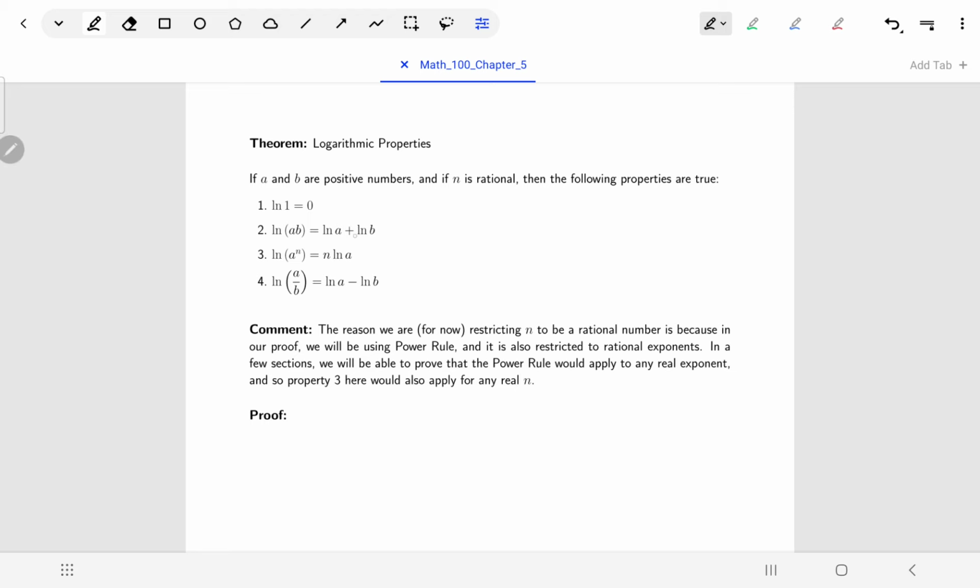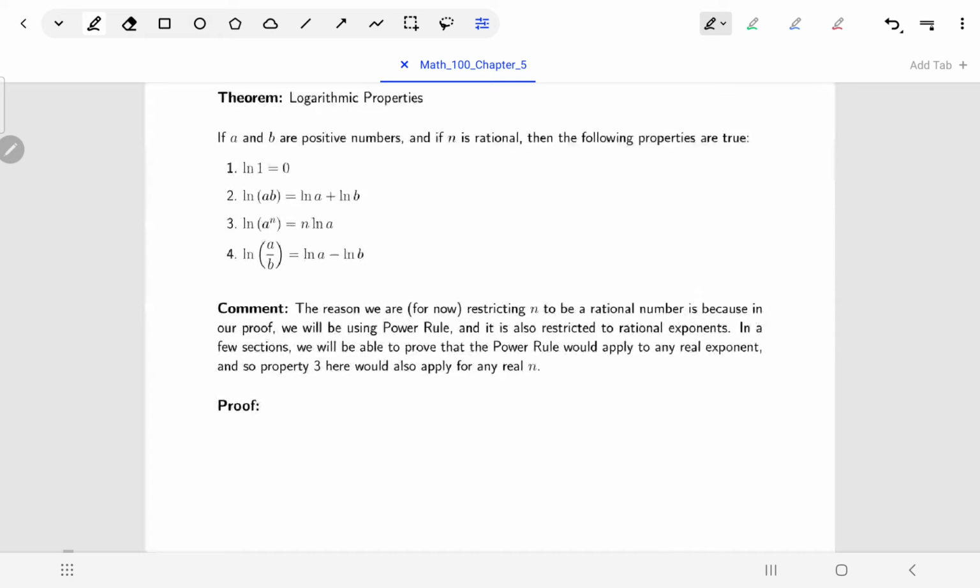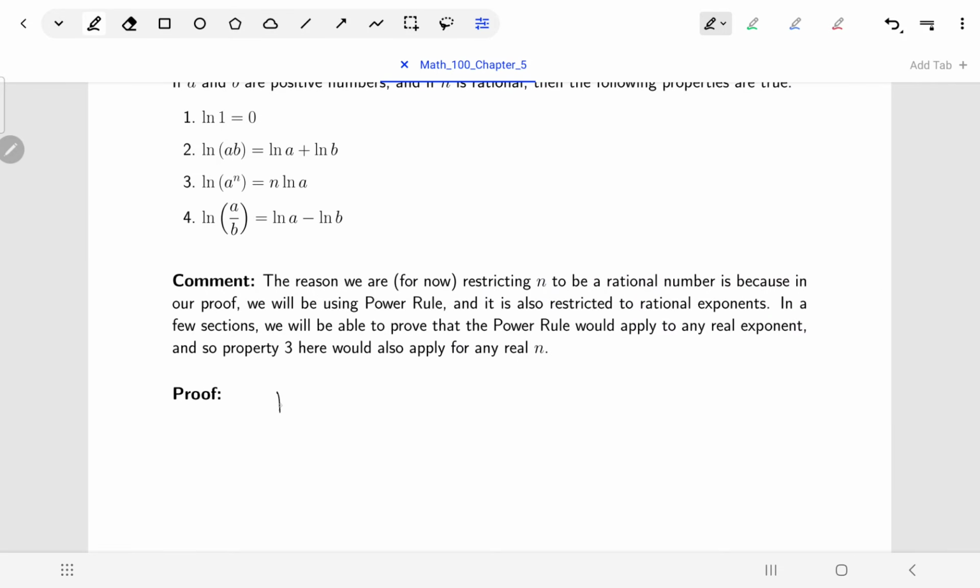Okay, so the proofs of 2, 3, and 4 take a little bit of time. The proof of part 1 is actually really straightforward. And you might be saying to yourself, wait, how am I going to prove that the natural log of 1 is 0? Well, remember, we know that the natural log of x is our definite integral from 1 to x. And so the natural log of 1 would be a definite integral going from 1 to 1.